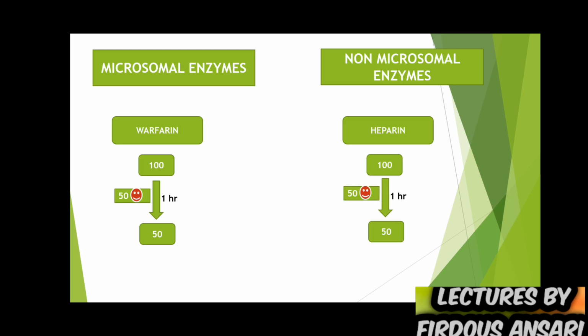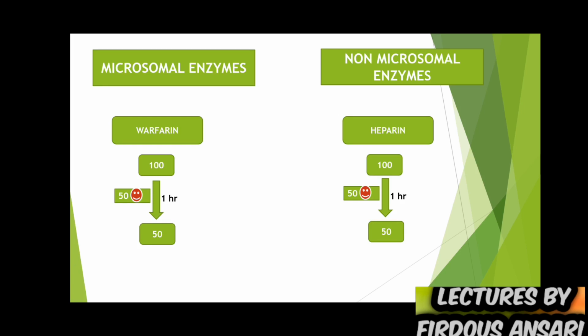The same occurs for warfarin as well. For warfarin also, 50 enzymes are metabolizing 50 molecules, one enzyme for one molecule here also. In both cases we have got balance. The difference is only in the nature of the enzyme. For warfarin, the enzyme is a microsomal enzyme, whereas for heparin, the enzyme is non-microsomal. Now, for a normal action of both warfarin and heparin, we require 100 molecules. 50 molecules will not produce any therapeutic action.